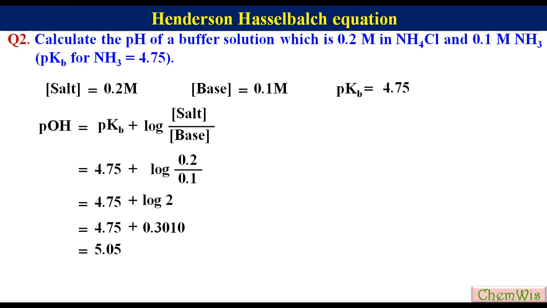We know that pH is equal to 14 minus pOH, so pH will be equal to 14 minus 5.05, is equal to 8.95.